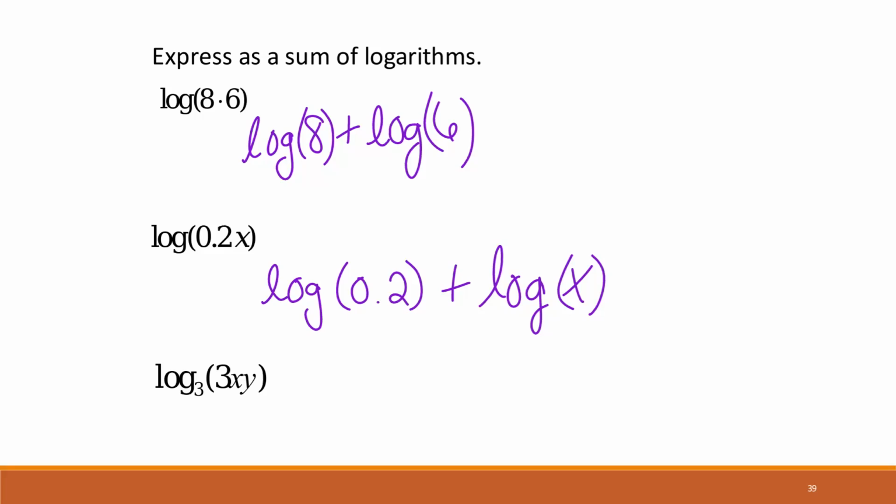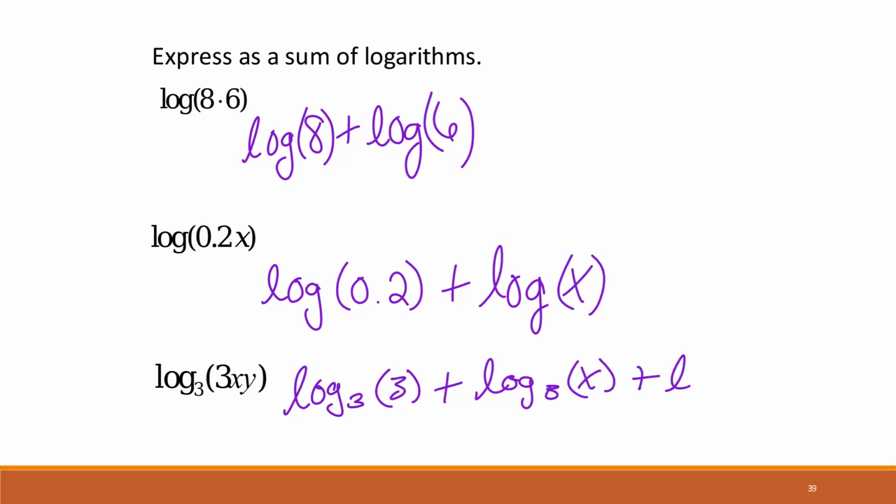If we have log base 3 of 3xy, we could write that as log base 3 of 3 plus log base 3 of x plus log base 3 of y. And we know that log base 3 of 3 here becomes a 1.